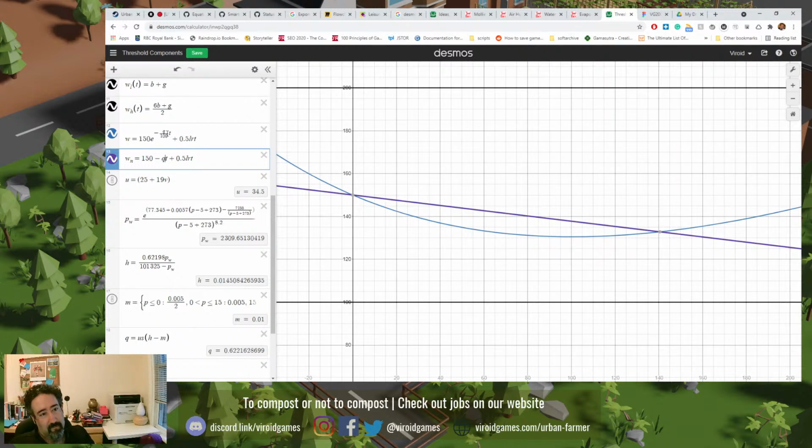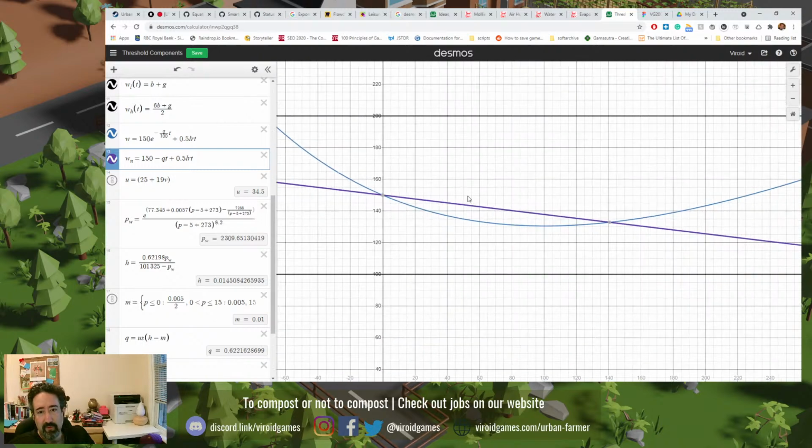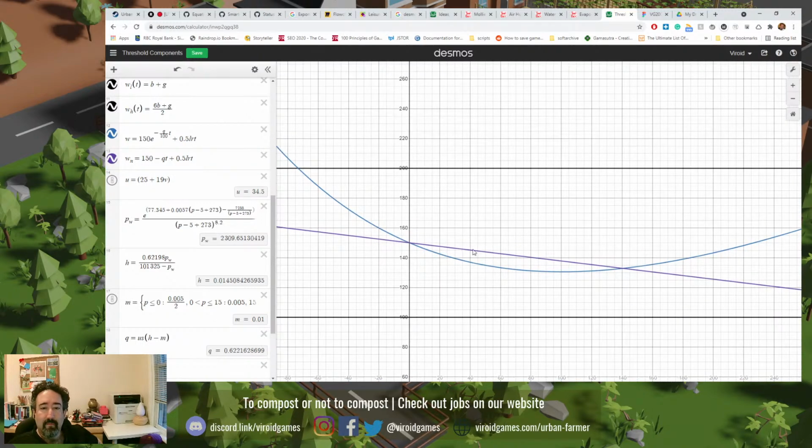Now this equation takes into account, though we still have to pick which one we are using. My heart is still set on the K function. But this equation now takes into account passage of time, temperature, surface area, and whether it's raining or not.